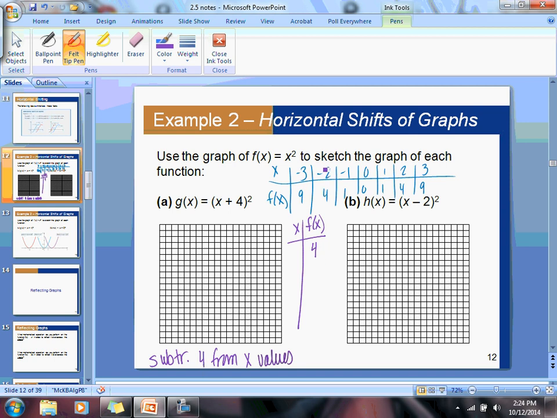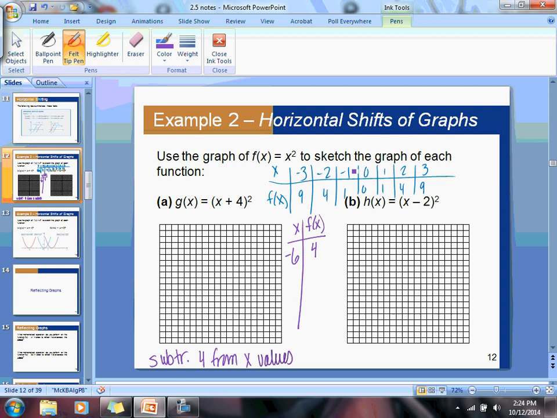So if I'd like to start at -2, subtracting 4 from that will get me -6. So if I substitute in -6 to this function, that's a -2 squared, which is 4. So now my y values from my original function are going to stay the same, but my starting values for my x, my input values, those are going to change.